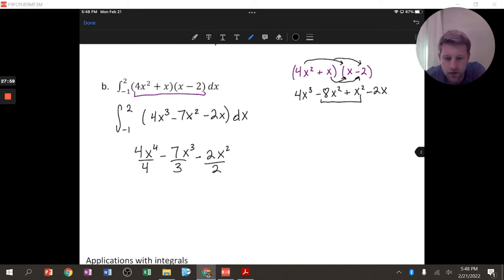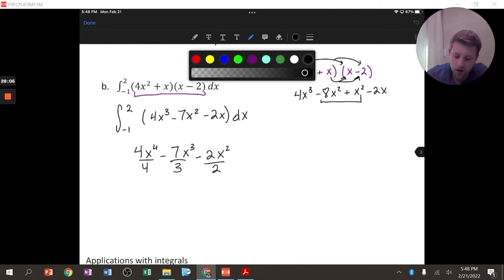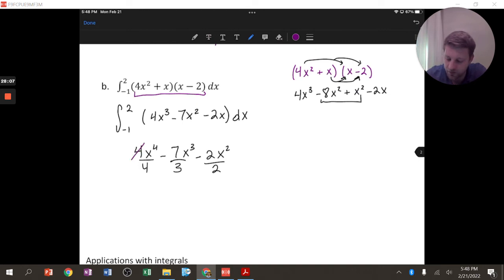Now, this certainly can get simplified here, and I think that would be a good idea. We've got a lot of constants that can simplify down. We have the 4's and the 2's here to clean it up. So our antiderivative here would be just x to the fourth minus 7 thirds x to the third, and then minus x squared.